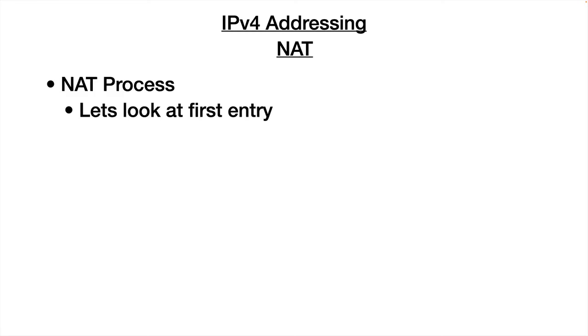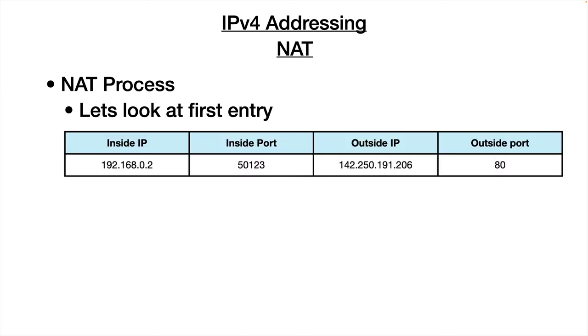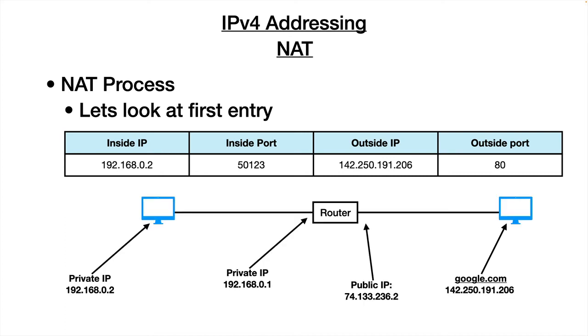So the NAT process is basically this. For an example, let's look at our first entry, which was a PC retrieving a web page from google.com. So I've simplified the diagram to this.